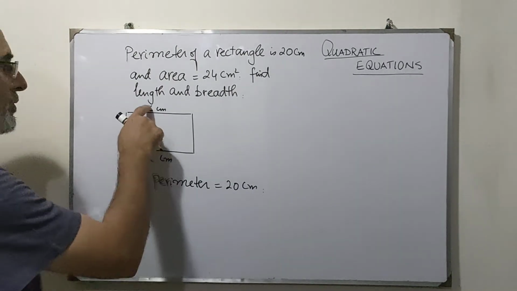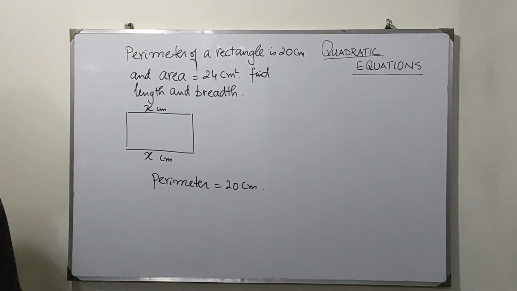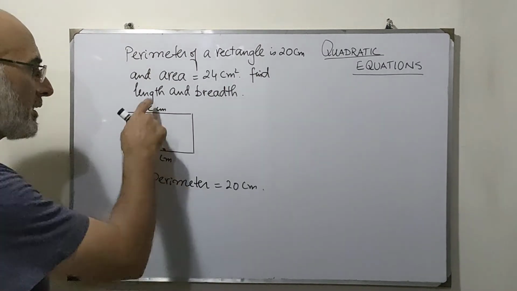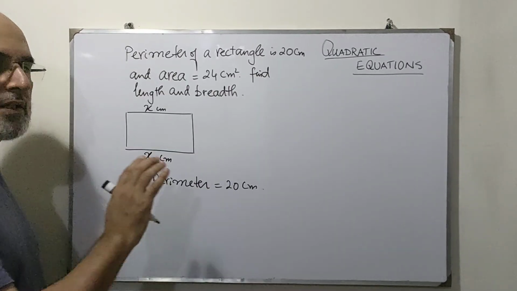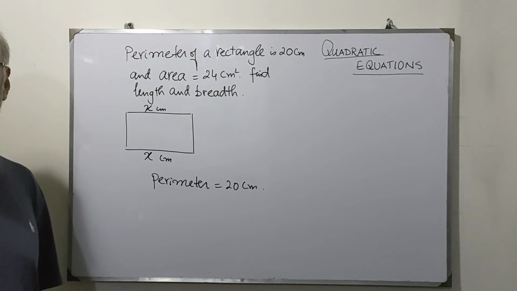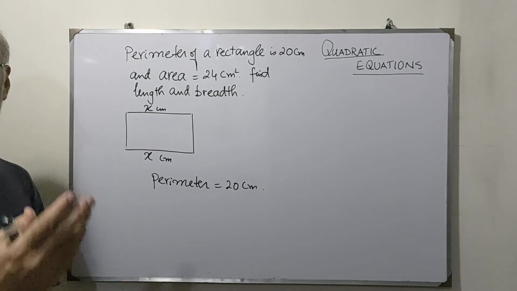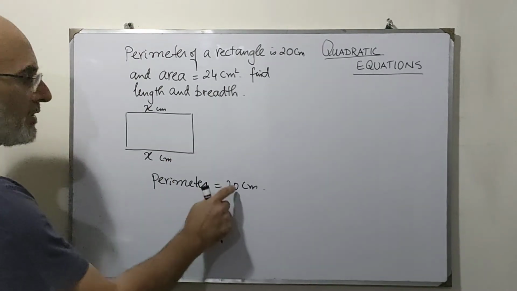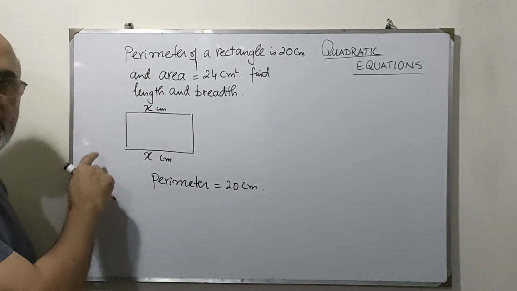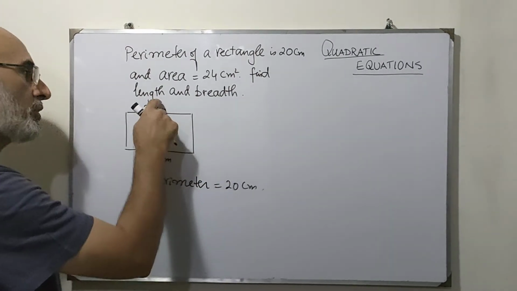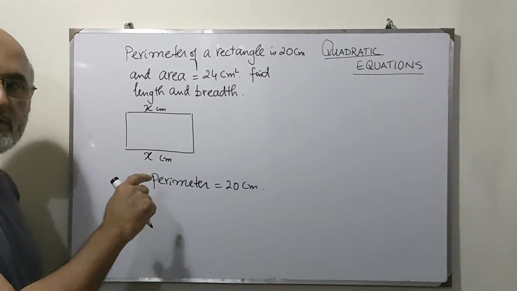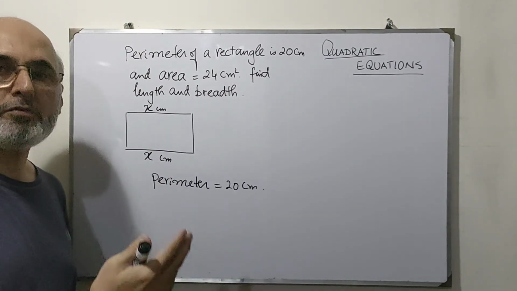So we have these two sides, and when we subtract the sum of these two sides from the total, what is left? The sum of the breadths, two breadths, right? So this is the total sum of all four sides. I am going to subtract the sum of the two lengths, and I'll be left with the sum of two breadths.